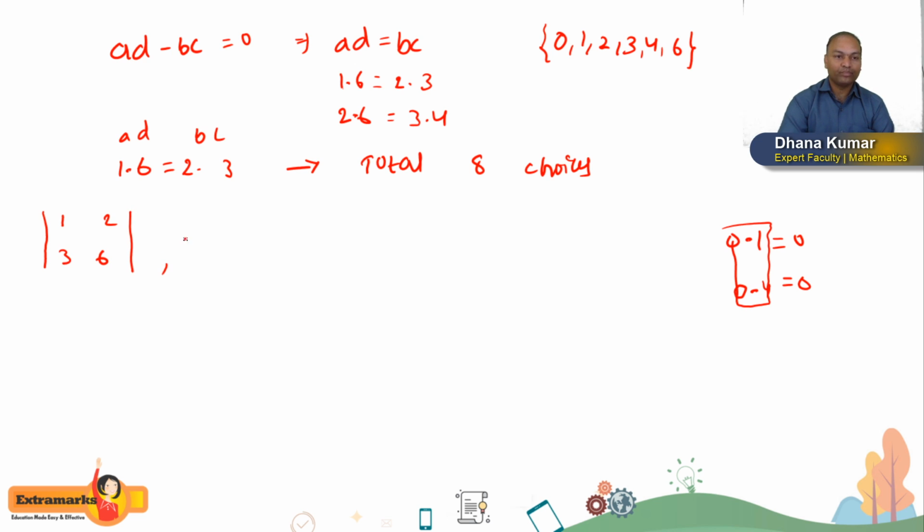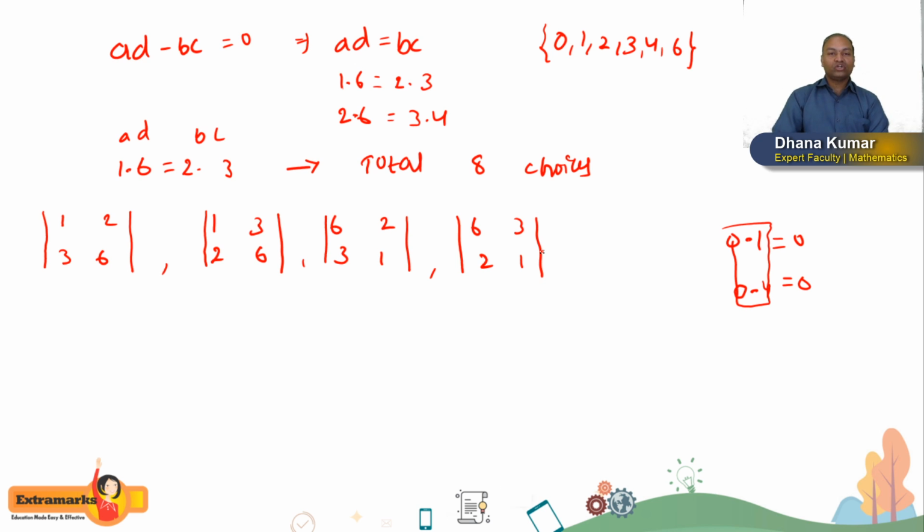Suppose you interchange these two, 1 6, here 2, here 3, again a possibility is there. Now interchange 1 6 to 6 1, with 2 3, and next 6 1 with 3 2. Total how many possibilities? 4. Sir, here we got 4 possibilities, but you wrote 8. How?